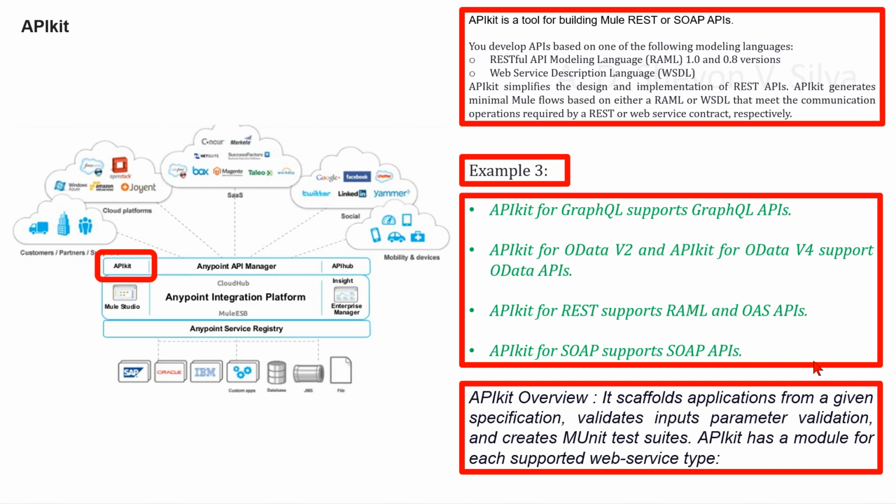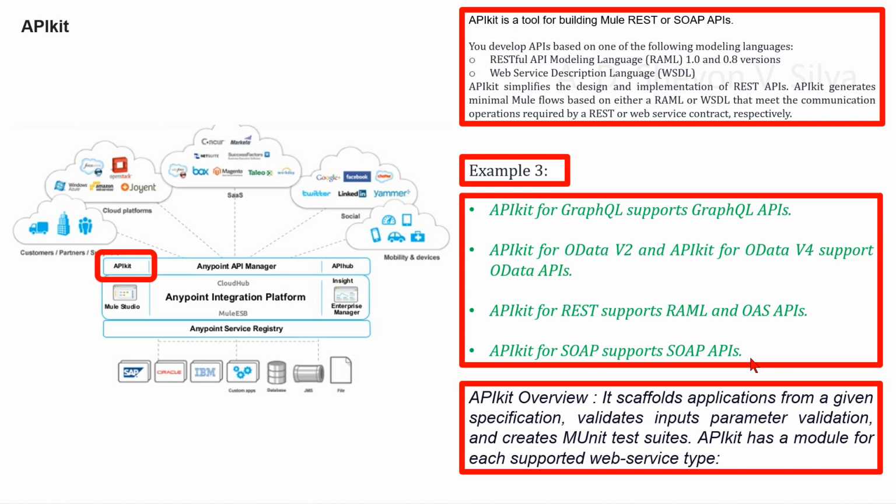APIkit for GraphQL supports GraphQL APIs. And APIkit for OData version 2 and APIkit for OData version 4 support OData APIs. APIkit for REST supports RAML and OAS APIs. APIkit for SOAP supports SOAP APIs.